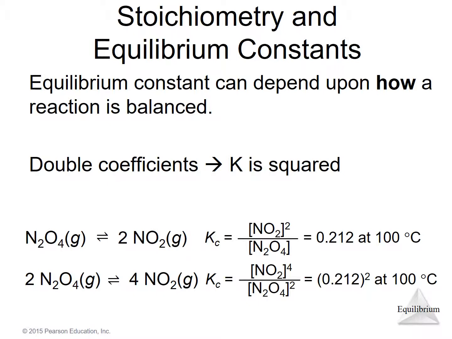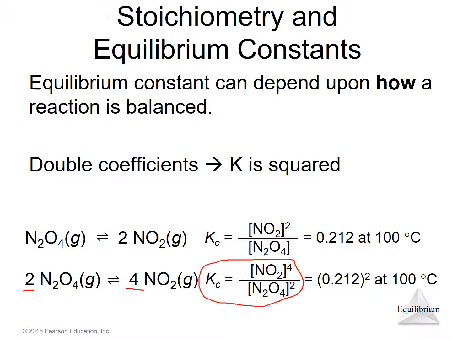Now, normally we balance an equation with the simplest coefficients, but if for whatever reason we chose to write the equation with 2 N2O4 molecules splitting to make 4 NO2 molecules, the Kc would then involve different powers. And if you look at this, you see that it is simply the square of the equilibrium constant expression written in the normal way.